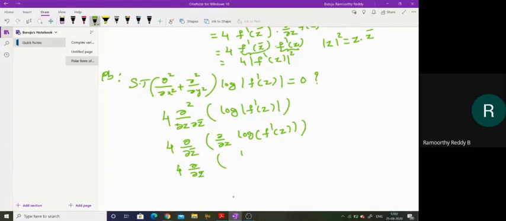So which is 1 by f dash of z into again f double dash of z, right? Now you have to differentiate with respect to z conjugate, but it is a function of z only, right? Therefore it is 0. It is clear. Is it okay?